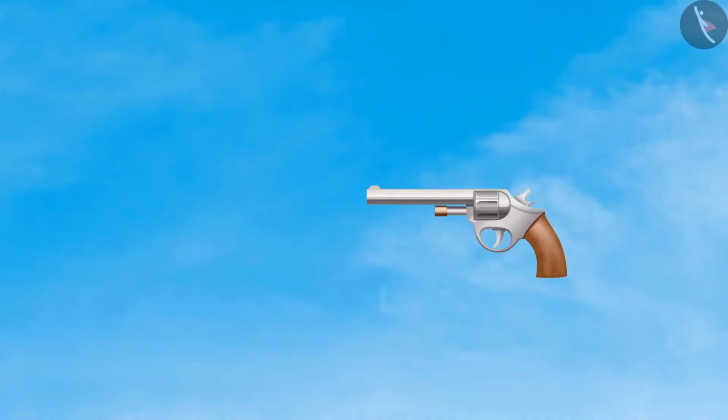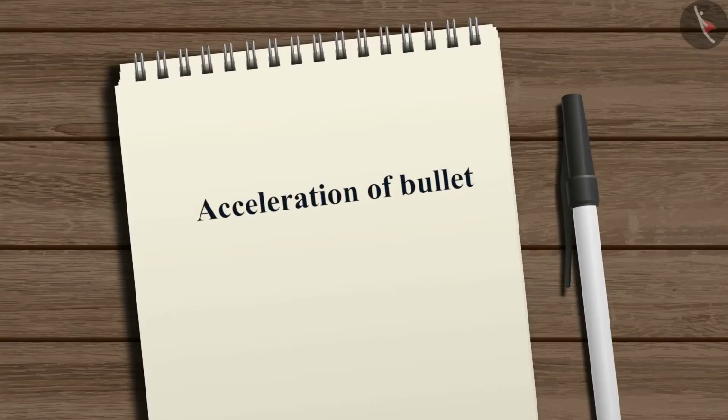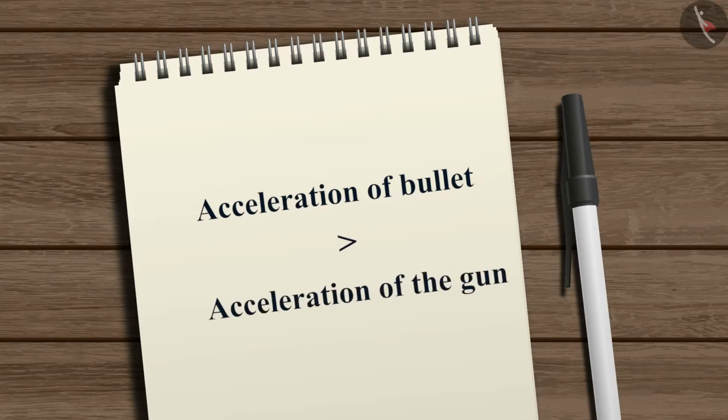This results in the recoil of the gun. However, the mass of the bullet is much smaller than the mass of the gun. Thus, the acceleration of the bullet is much greater than the acceleration of the gun.